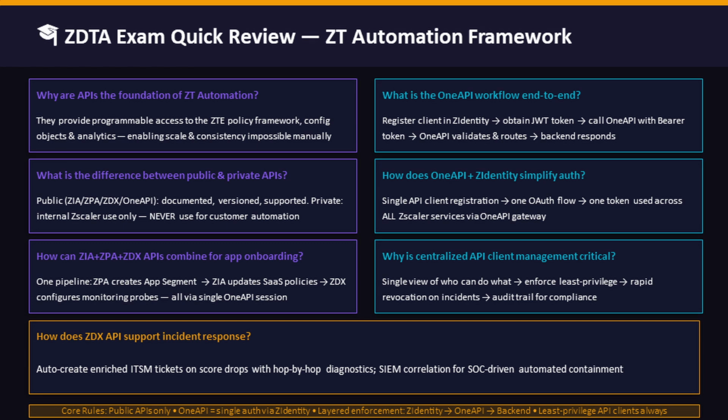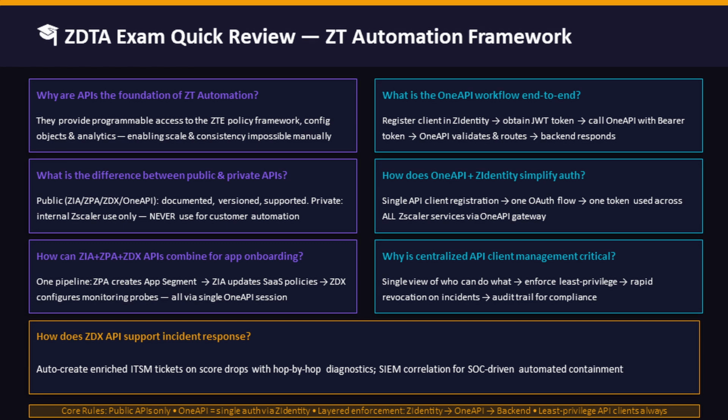Never use private APIs for automation. 4. How does One API plus zIdentity simplify authentication and role mapping? Single API client registration in zIdentity produces one OAuth flow and one token that works across all Zscaler services via One API. Role mapping in zIdentity enforces per-client entitlements on every request.